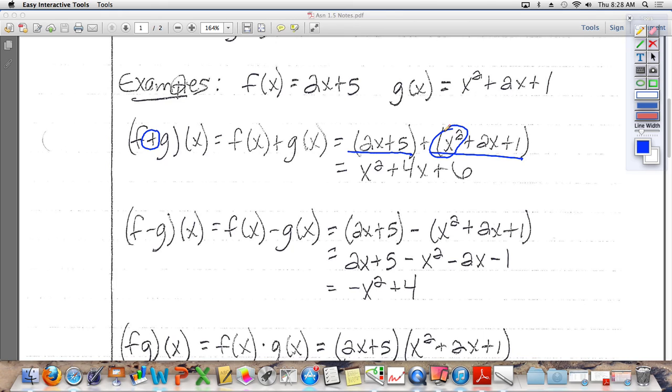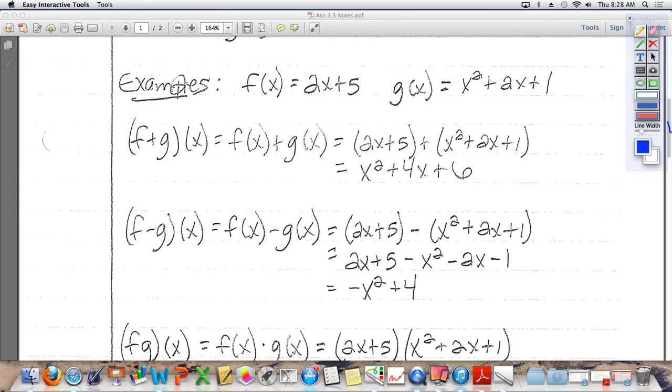Highest power first, then the next highest power, then the next highest power. So x squared comes first, and then you add together the two x's. 2x plus 2x is 4x, and then you have a 5 and a 1 that have to be added together to give you 6.